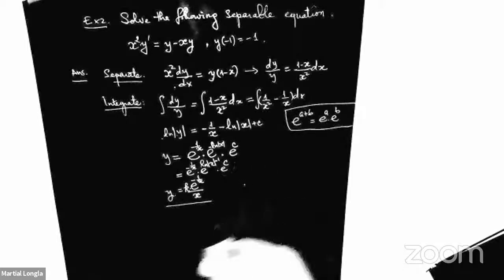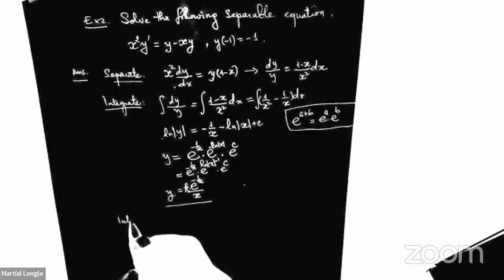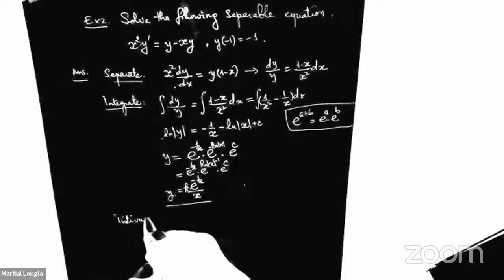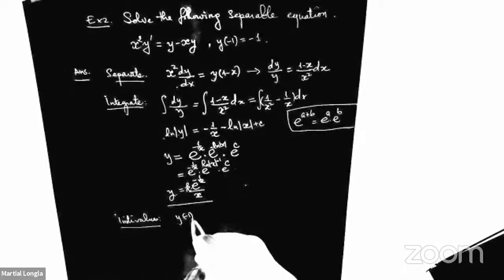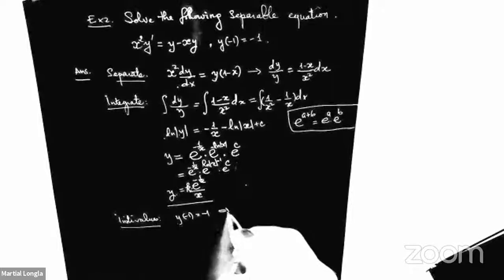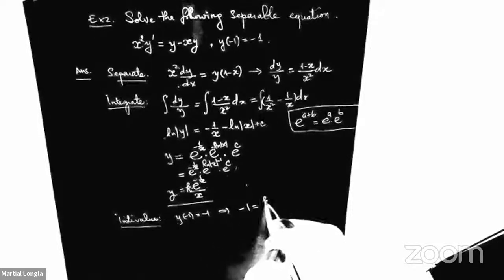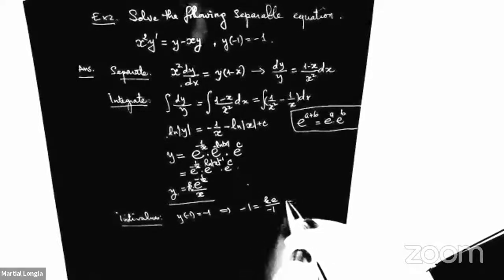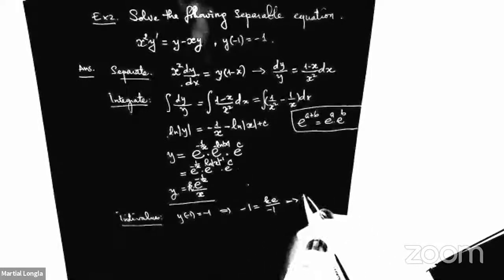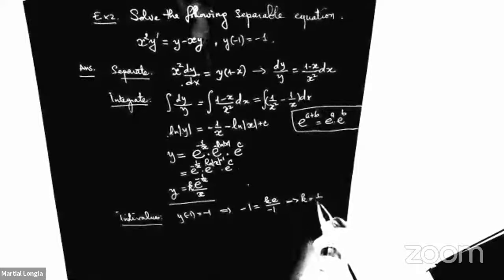And then you are going to use the initial value. Y of -1 equals -1. So -1 equals k e over -1. So you get k equal 1 over e.